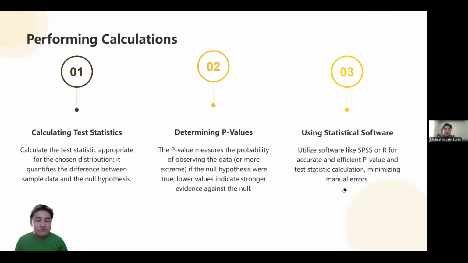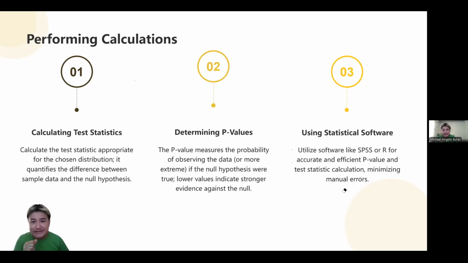So after that, we compute for the test statistic and the p-value. I know that the p-value is no longer new to you. The p-value is the probability that the results happen by chance. So when our p-value is small, usually we look into the significance level, like a p-value of 0.05, a strong evidence less than that means there's strong evidence against the null hypothesis.